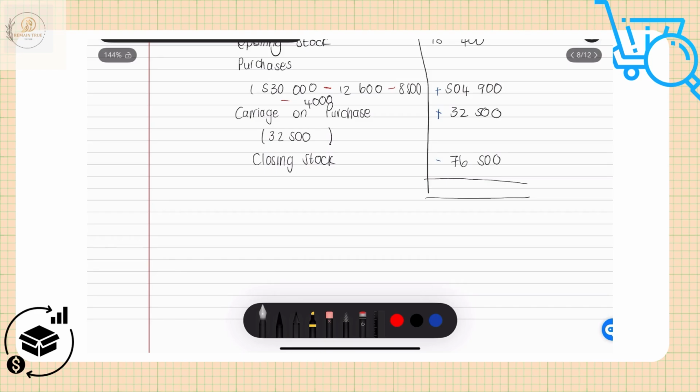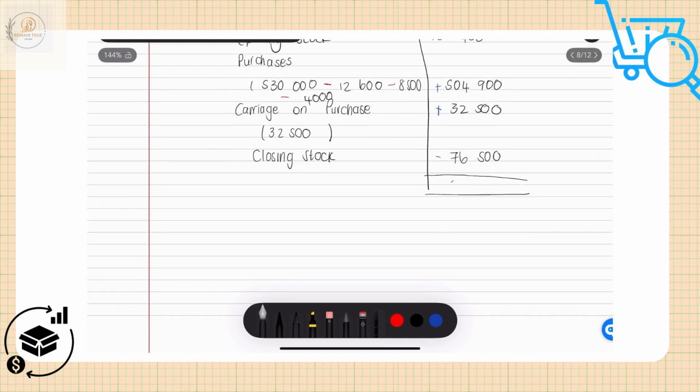Let's put it in our calculator. 98,400 plus 504,900 plus 32,500 less 76,500, and we get an answer of 559,250. That is the value of our stock. Closing, not closing, sorry. Cost of sales.